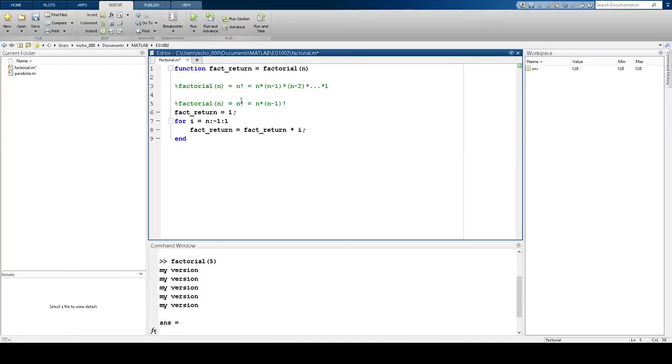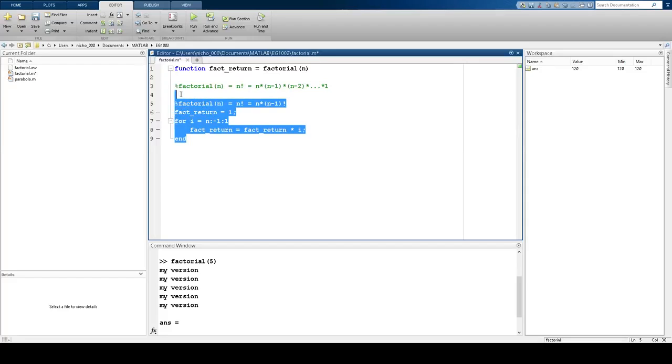So 5 factorial would equal 5 multiplied by 4 factorial. We can keep doing this going down until we get a factorial of 1. Factorial 1 is equal to 1, and that's just its definition. There's nothing further than that. This is the basis of recursion: the idea that a function can call itself and solve itself that way.